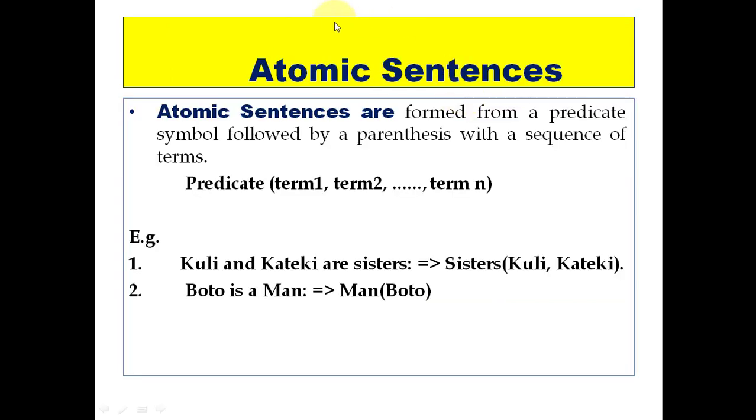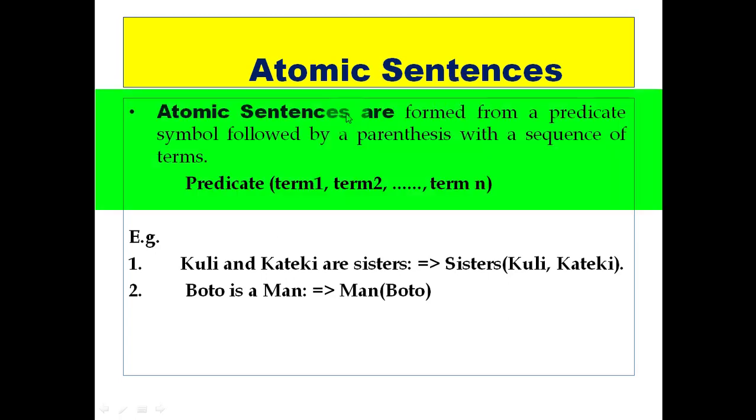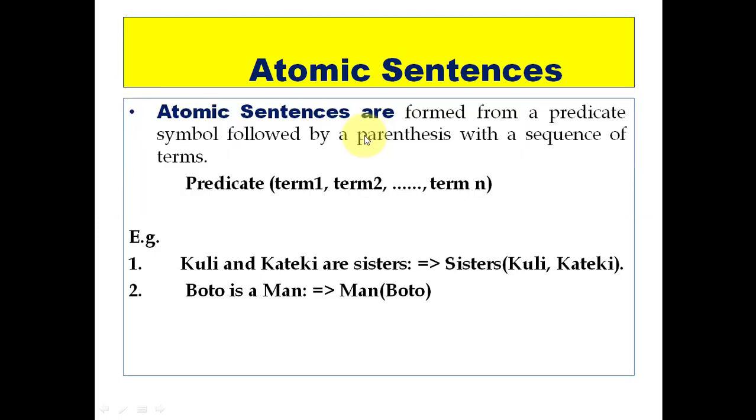Now, atomic sentences. In predicate logic, we will have atomic statements and we will have composite statements also. So first, atomic sentences. Atomic sentences are formed from a predicate symbol followed by parentheses with a sequence of terms.